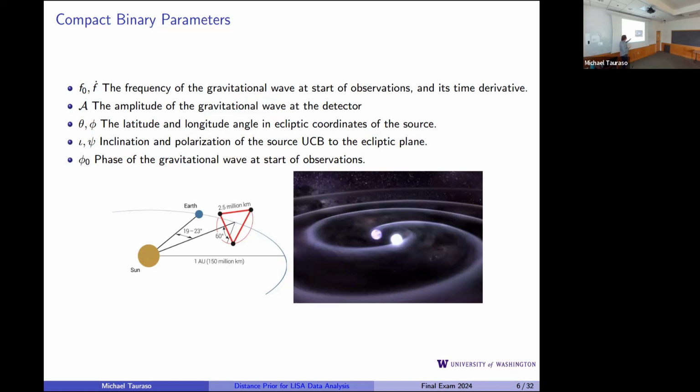We talk about the amplitude of the gravitational wave when it reaches the detector, and then we also have the latitude and longitude of the source, where it is in the sky, inclination and polarization, where inclination is the one that's hard to see from Earth and polarization is the easier one. And we also think about the phase. So each of these sources has these 8 parameters that are observable when we're actually observing them with the LISA instrument.